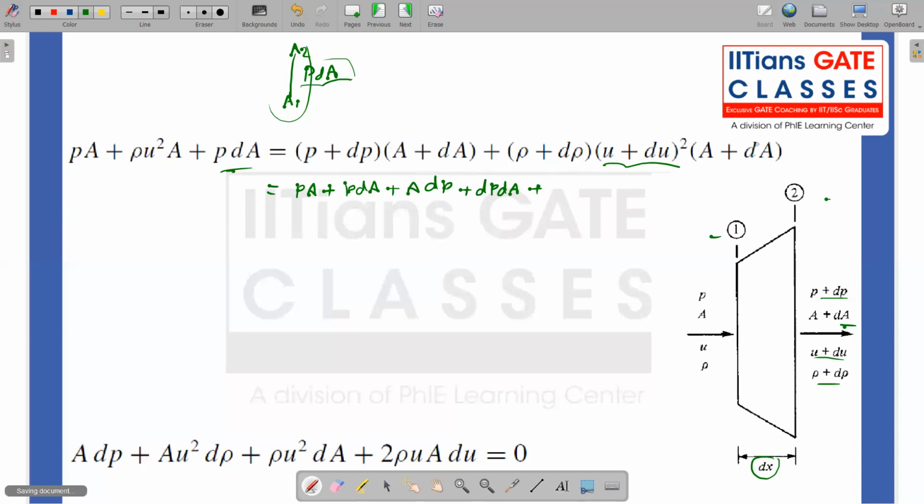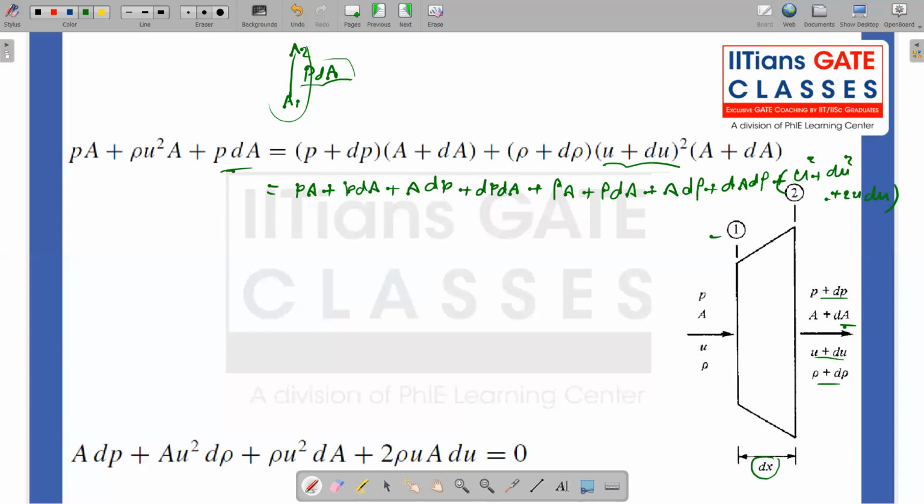First multiply these two, so I get rho A plus rho dA plus A d rho plus dA d rho. Then, times this one, I am expanding (u plus du) whole square, which is u square plus du square plus 2u du.